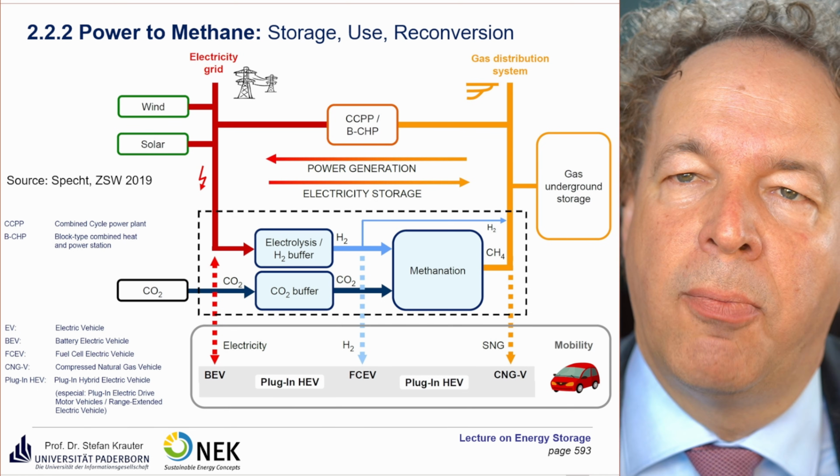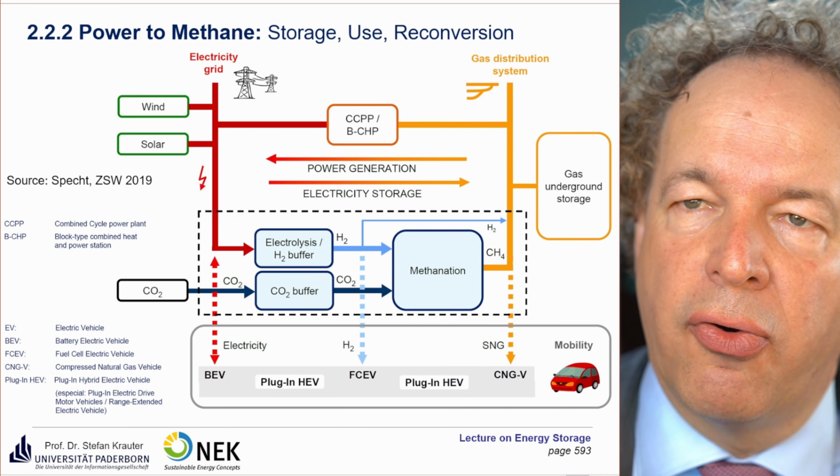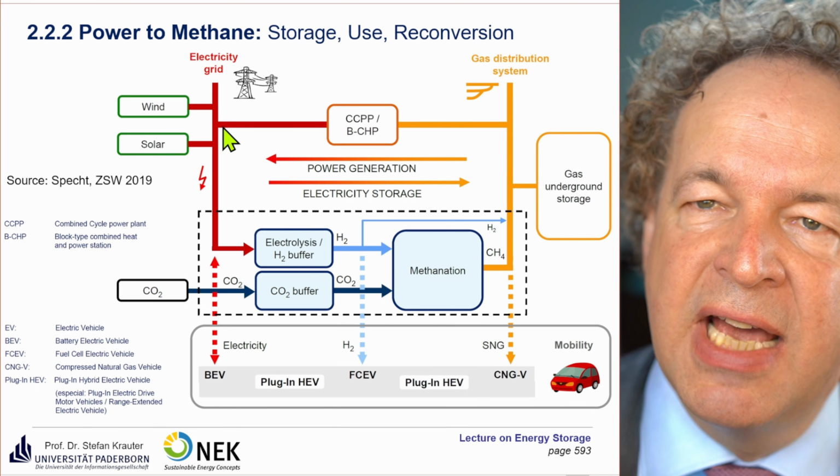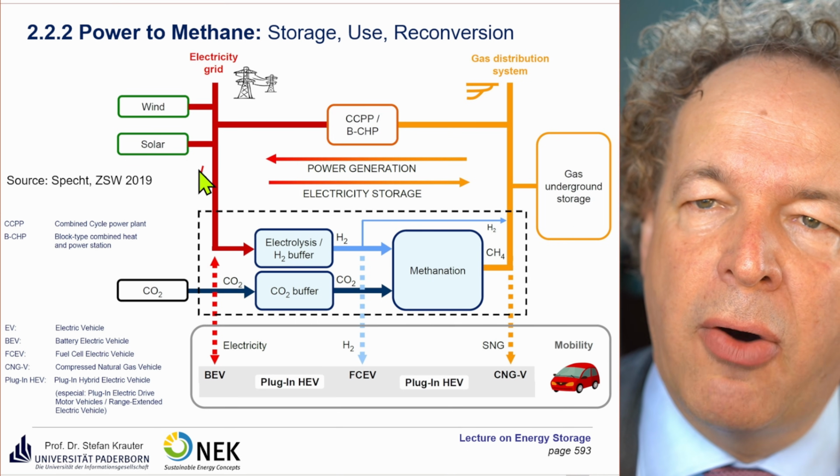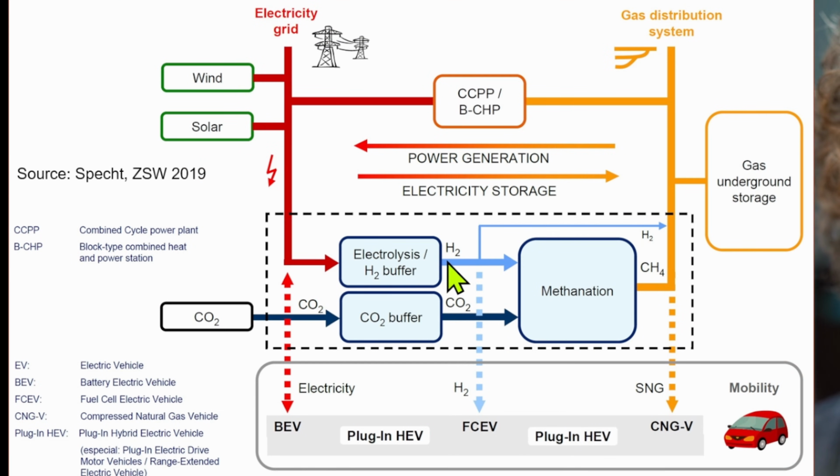Here we see the complete cycle of storage, use and reconversion. Same as before, we have solar and wind power. Via electrolysis we form hydrogen, and additionally we have carbon dioxide. In the so-called methanization process we form methane, and we can use the extensive network, which is much larger than the hydrogen network, to store and distribute the methane, same as natural gas.